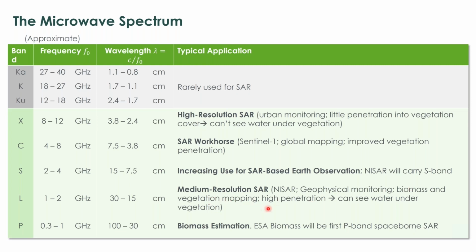And the penetration also means that now at L-band, we are much more capable of seeing water under vegetation, which is a topic that will come up a little bit later again in this presentation. So remember, today we'll talk mostly about C-band, about 5.5 centimeter wavelength, and L-band at about 25 centimeter wavelength.